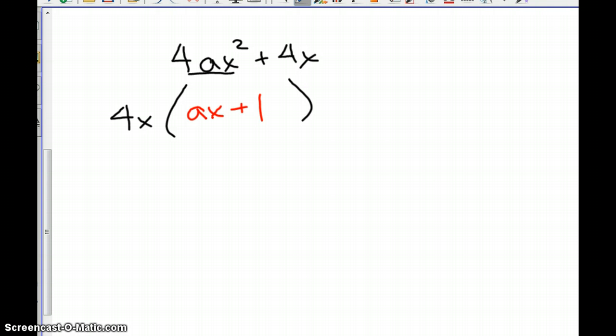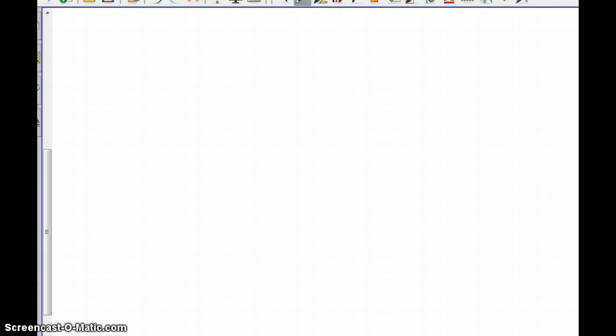All right, let's do one that is not any more difficult, but a little different looking. 4x squared p squared k minus 6k squared p to the 4th x.